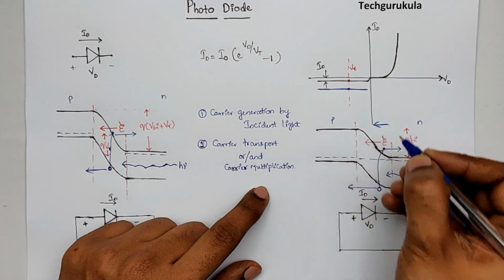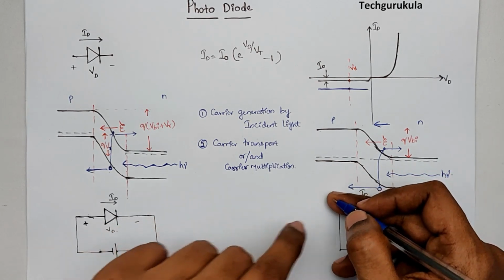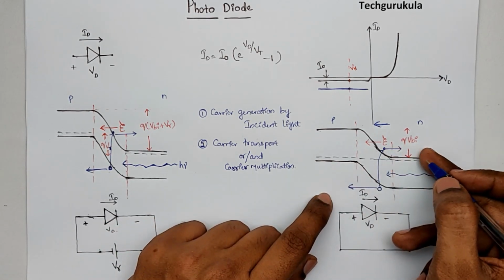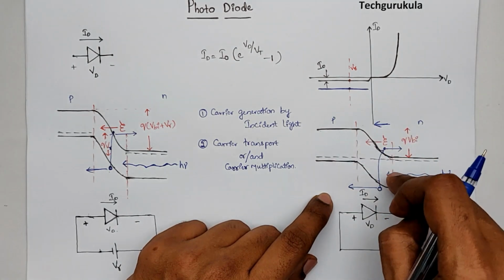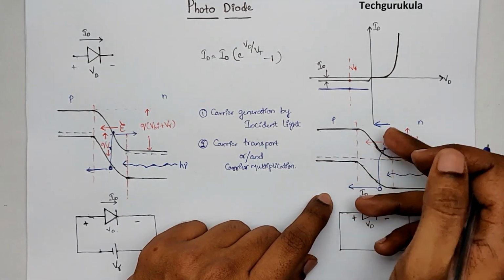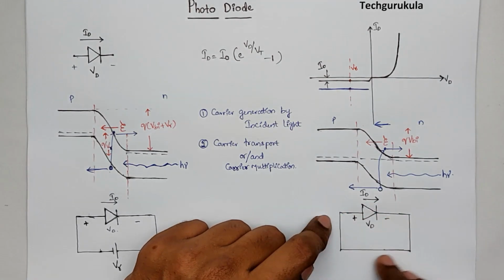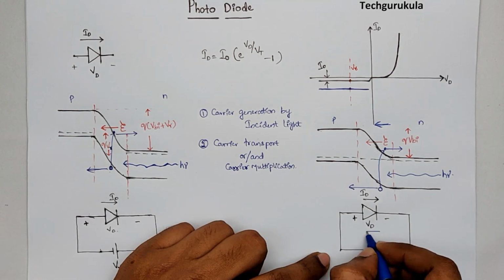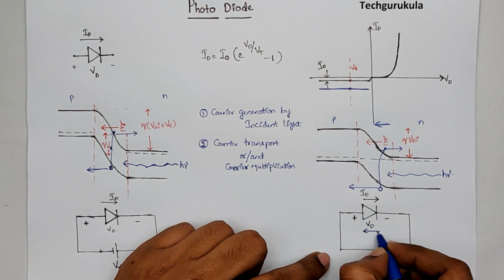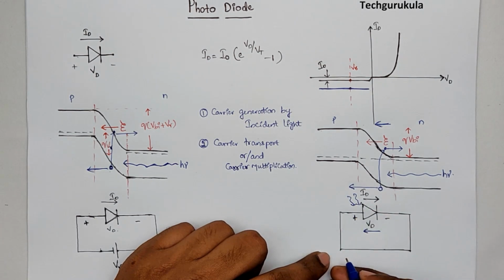Holes are sent to the p side, so the current because of holes is in this direction. Electrons are sent to this side, so the current is in this direction. So the entire current because of the incident light is from n side to p side. So the current that actually flows will be in this direction because of the incident light. Let me represent here that there is incident light.